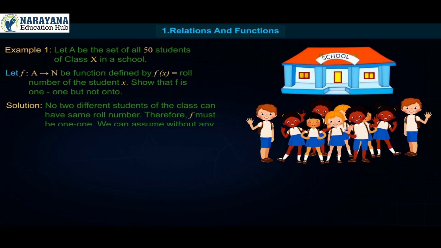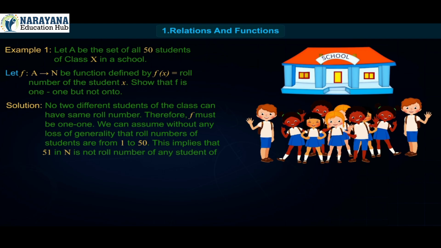Therefore, f must be one-one. We can assume without any loss of generality that roll numbers of students are from 1 to 50. This implies that 51 in N is not the roll number of any student of the class, so that 51 cannot be the image of any element of X under f. Hence, f is not onto.